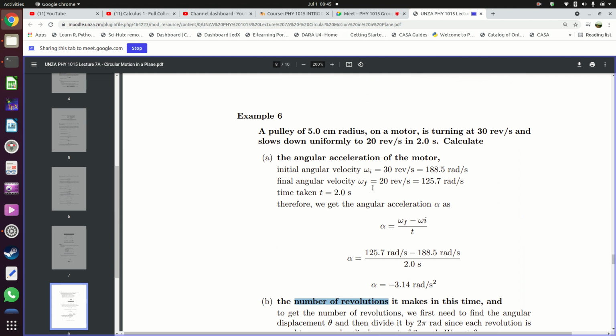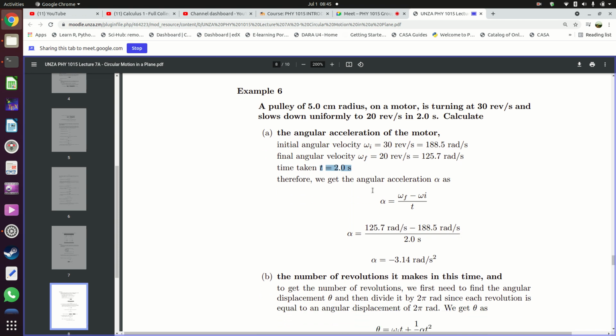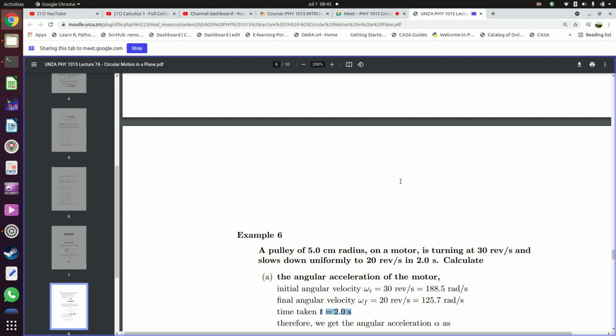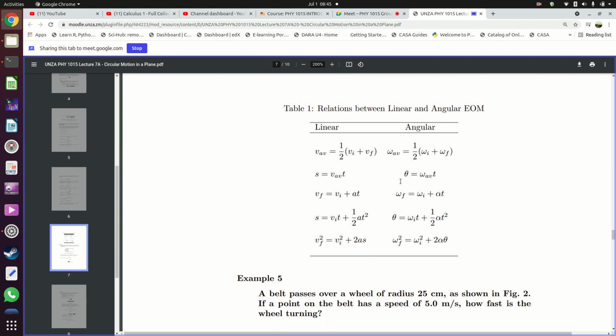Since we know how much this and this are, and we know the amount of time, we can try to use this expression here. Theta is equal to omega average multiplied by t. We can use this in combination with this.